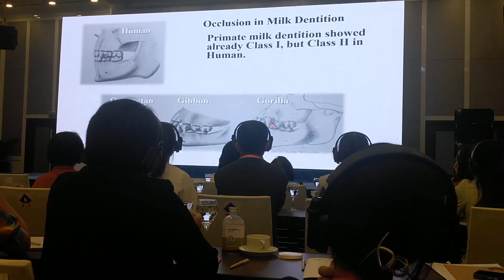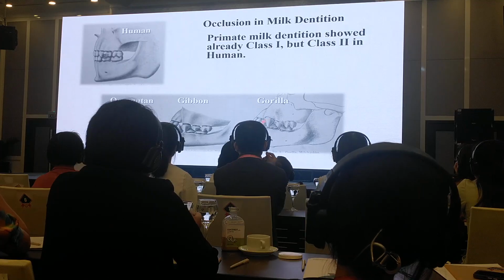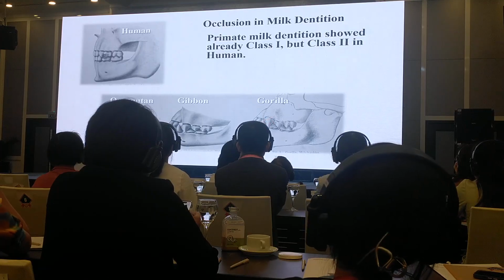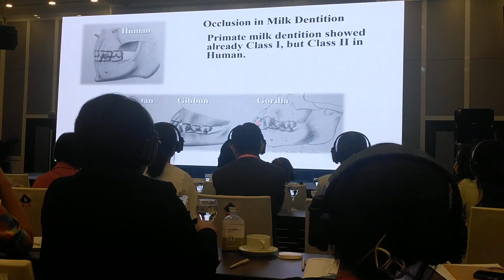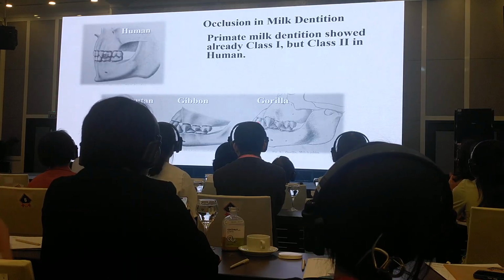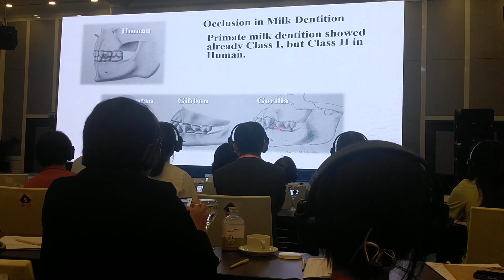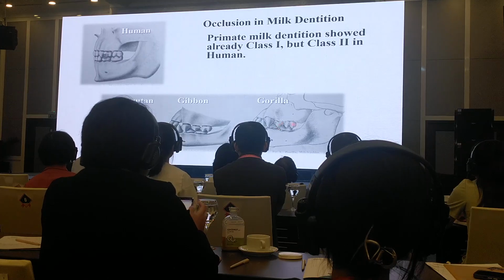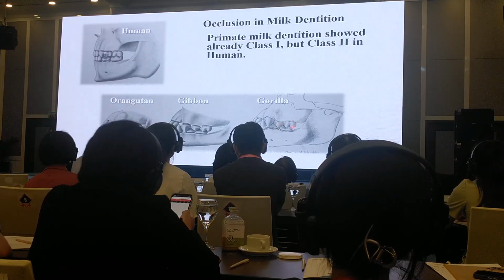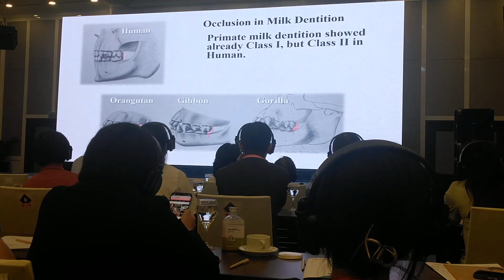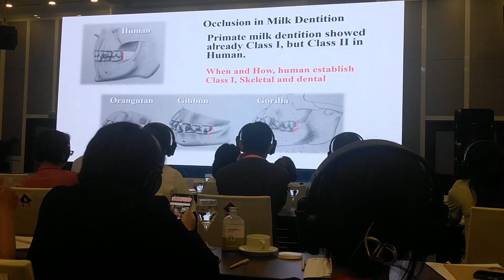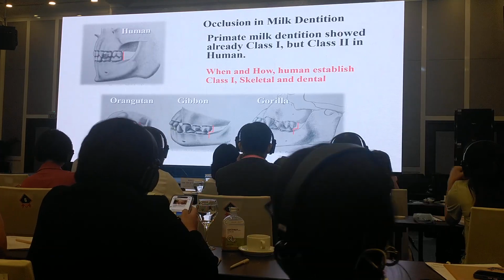Already the milk dentition is, look here, canine class 3, thick mandible forward, right? And these milk teeth interdigitate nicely, then the distal surface of the milk molar is already a major step type. That means class 1.